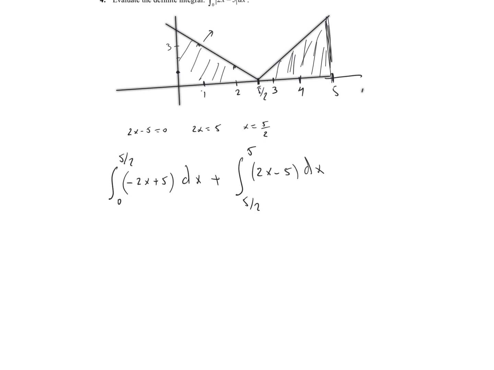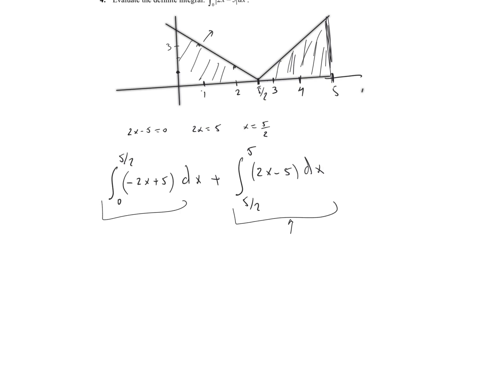I think that if I calculate this one and multiply by 2, it will be the total area. So you do it completely. I will do only this one part, but if I multiply by 2, I will obtain the other part.